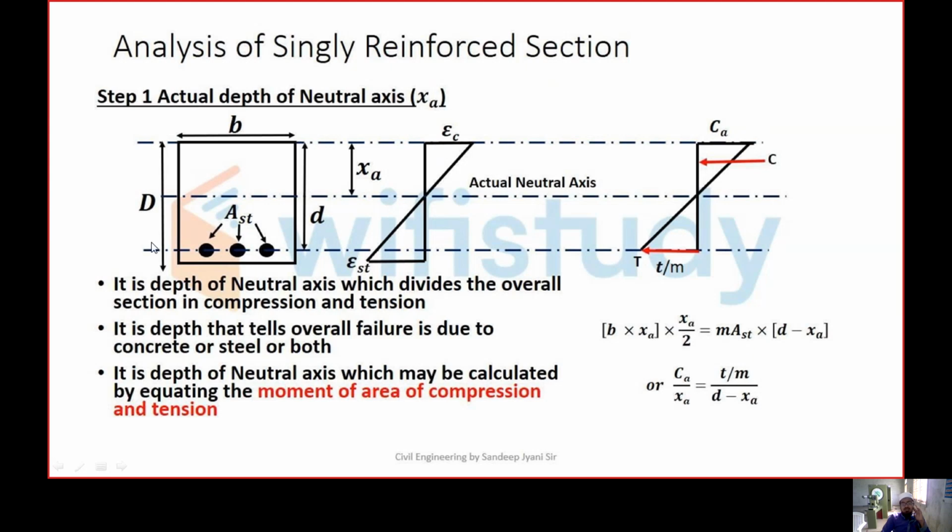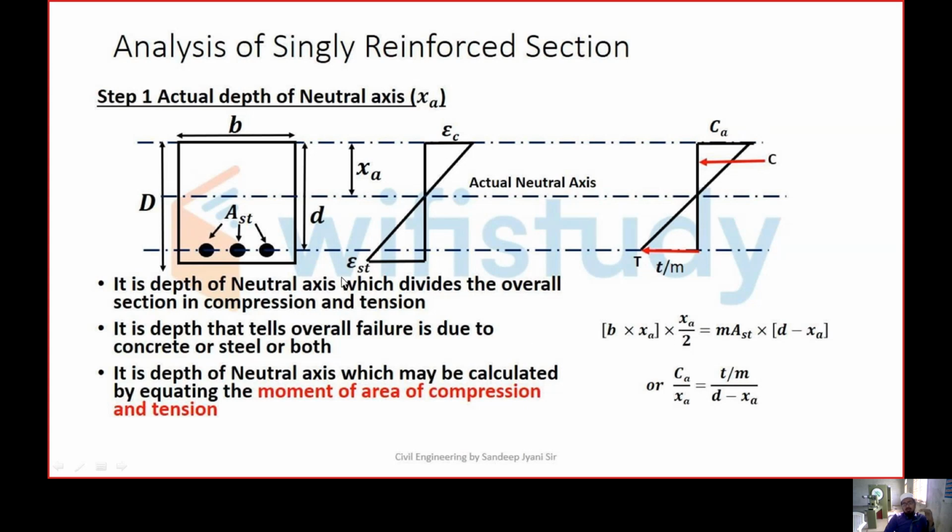First of all, in terms of concrete, if you want to find out the area of steel, then AC is equal to M AST, and AST will be equal to AC by M. Here we want to find out the AC only, because for the portion lying above we have calculated in concrete terms only.